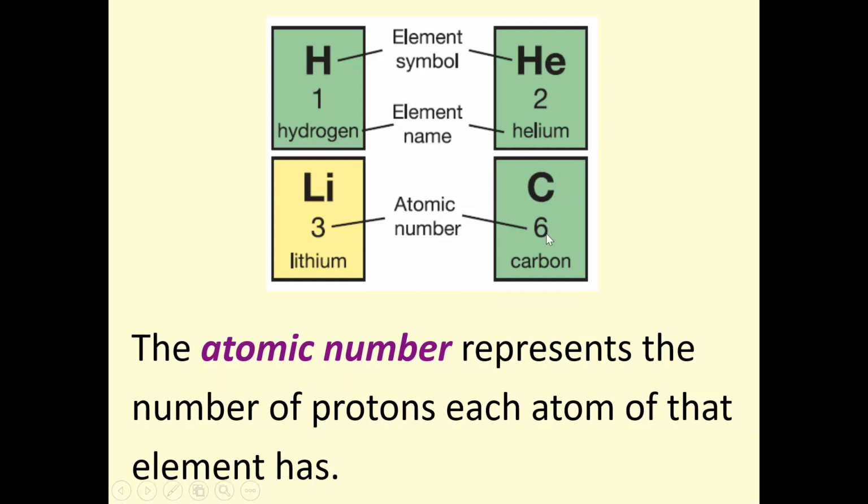Carbon has 6 protons in each nuclei. Hydrogen has 1. Okay, so it's easy to figure out how many protons are in each atom of those elements.